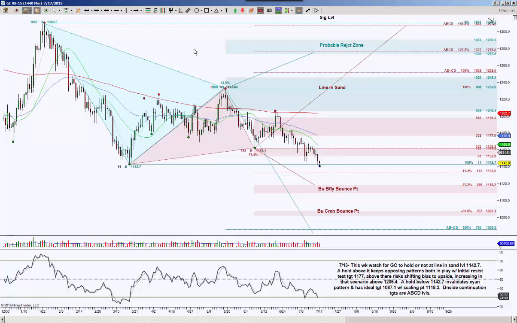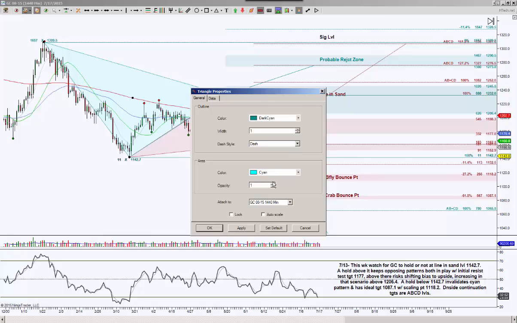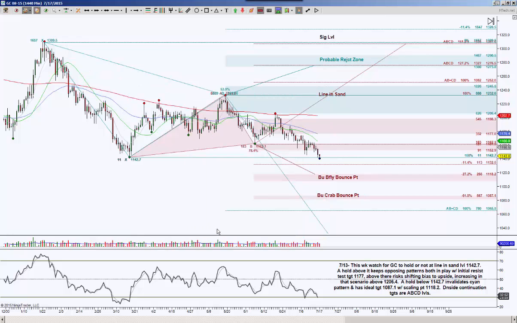Okay, so once it took it out, I'm going to erase it. Now, the only thing that I would be looking for in this cyan pattern with the hold below there is the ABC target of 1065.8. So I'm going to leave that up there just because of that and remove the color of the triangle. And so I'm looking for that ABCD target.